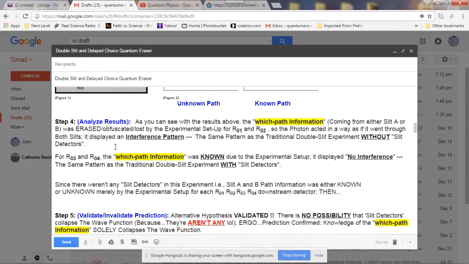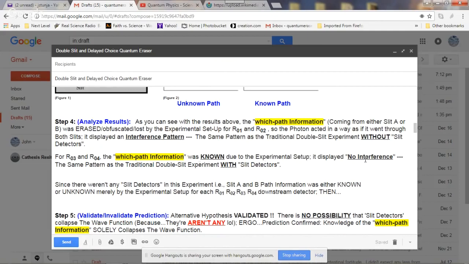As you can see with the results above, the which-path information coming from either slit A or slit B was erased or obfuscated by the experimental setup for R1 and R2. So the photon acted in a way as if it went through both slits. It displayed an interference pattern, the same pattern as the traditional double slit experiment without slit detectors. For R3 and R4, the which-path information was known due to the experimental setup.